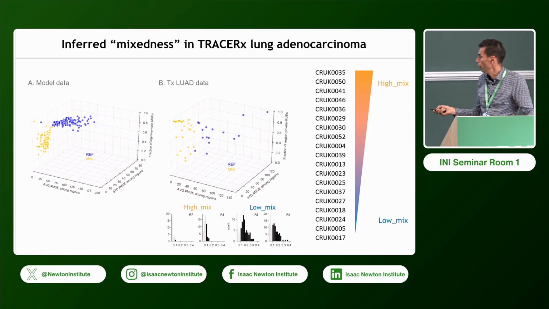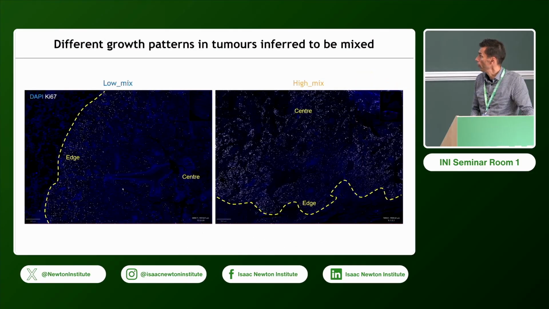And this is just to show you some of the actual sequencing variant allele frequencies that went into positioning these dots in relation to the model data. So I won't take you through all the data, but it is giving us, I think, quite exciting and reassuring concordance between our ideas from the model and our experiments and what we observed in the patients.